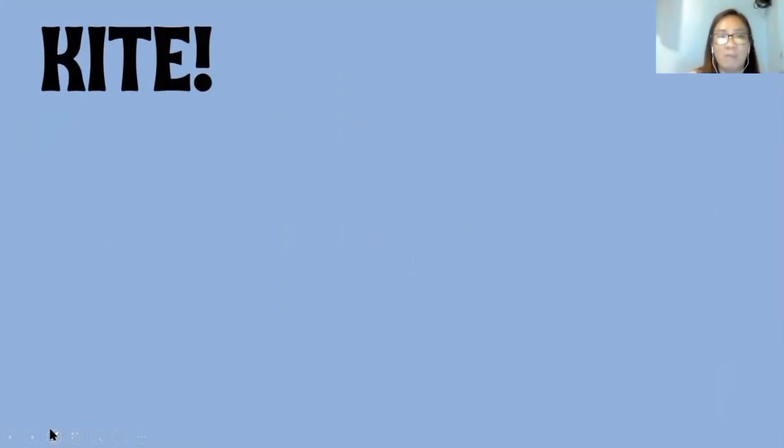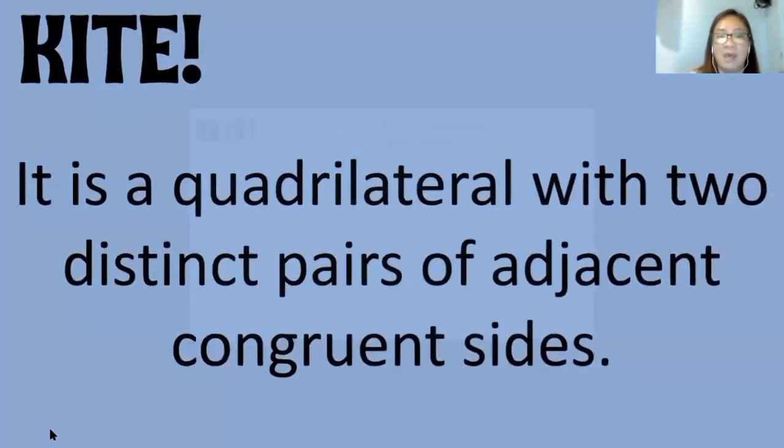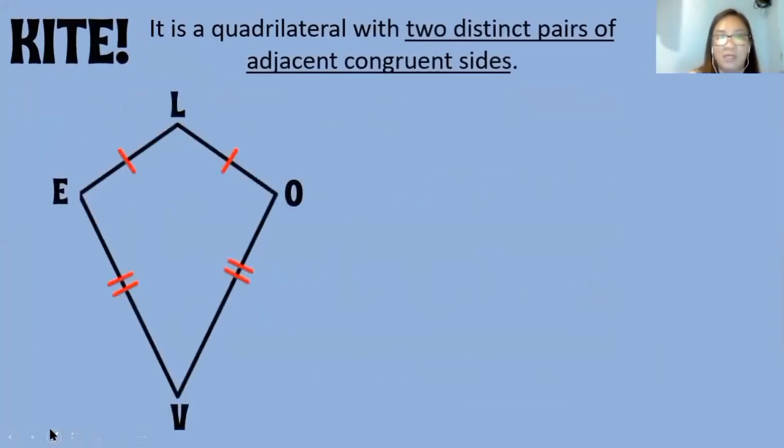As you all know, based on our lesson last week, a kite is a quadrilateral with two distinct pairs of adjacent congruent sides. And this time, let's have our figure, quadrilateral kite LOVE. What do we mean by two distinct pairs of adjacent congruent sides?